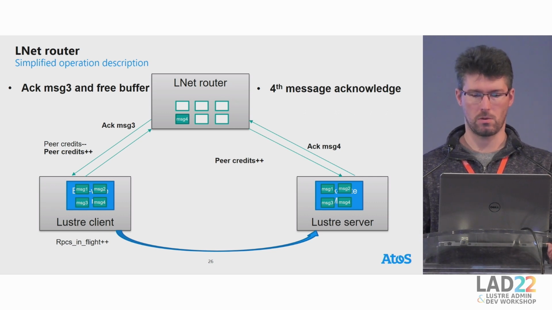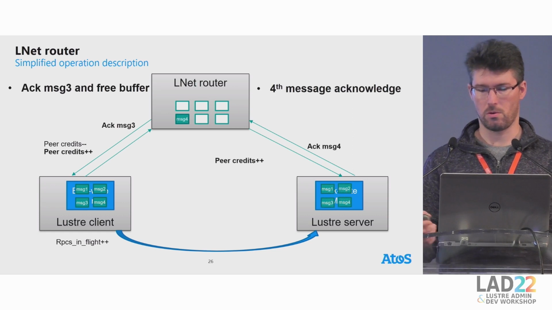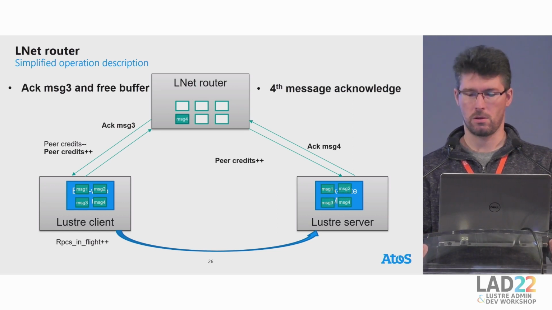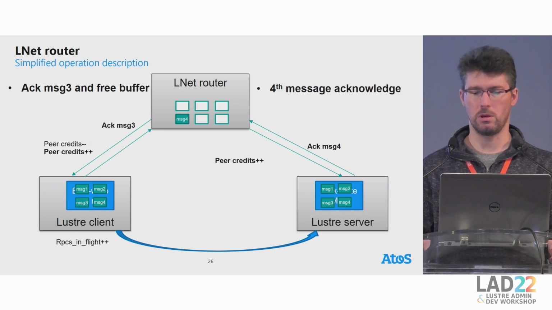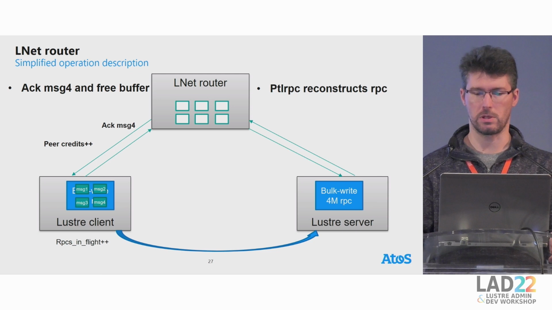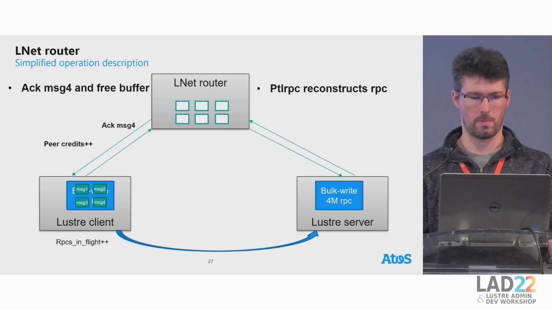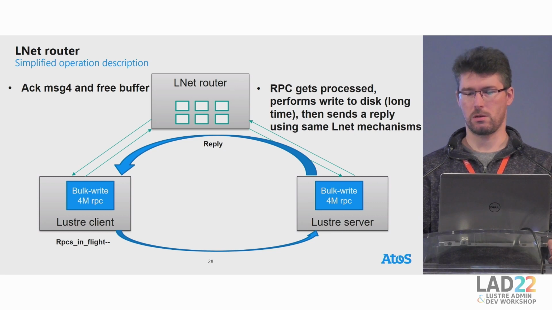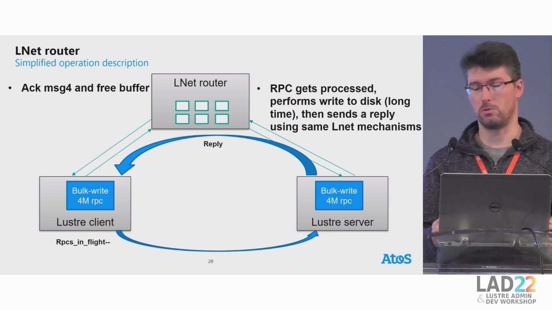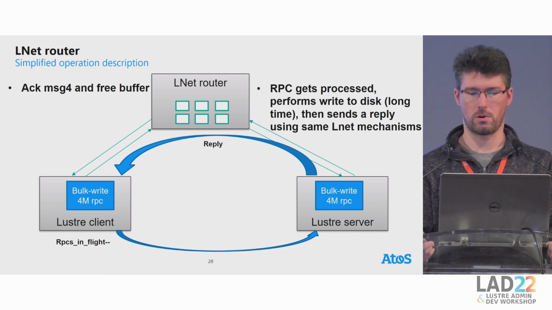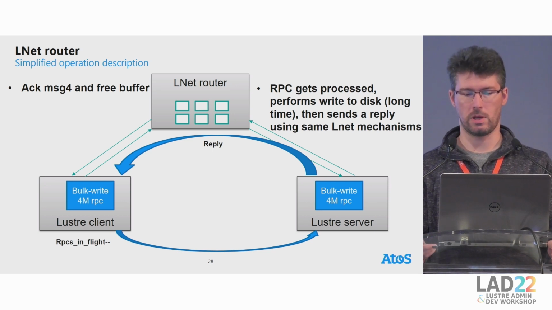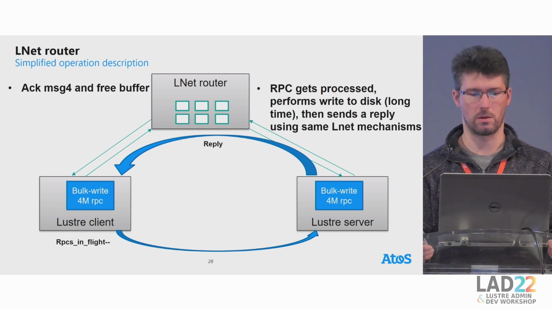And on the server side, once we get all messages reconstructed, the LNet layer on the server side will be able to push those to the PTLRPC layer to reconstruct an RPC, at which point we get the complete RPC back, which can then be processed. And once it is processed, the Lustre server will send another message using, again, the same mechanism in the other direction to get a reply. And at this time, the client will decrement the RPCs in flight so it can send other RPCs again.